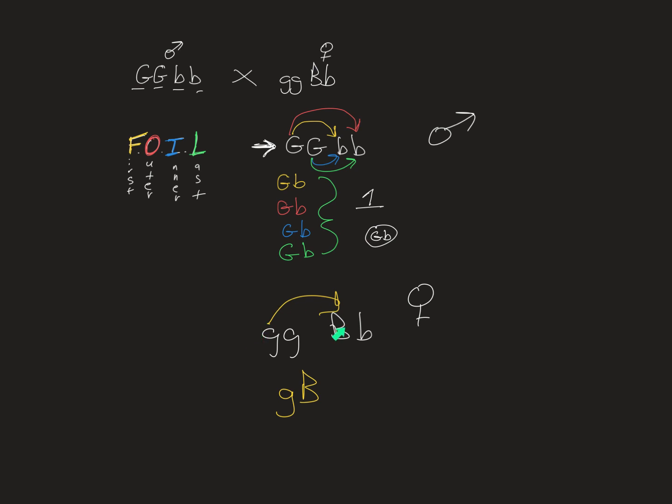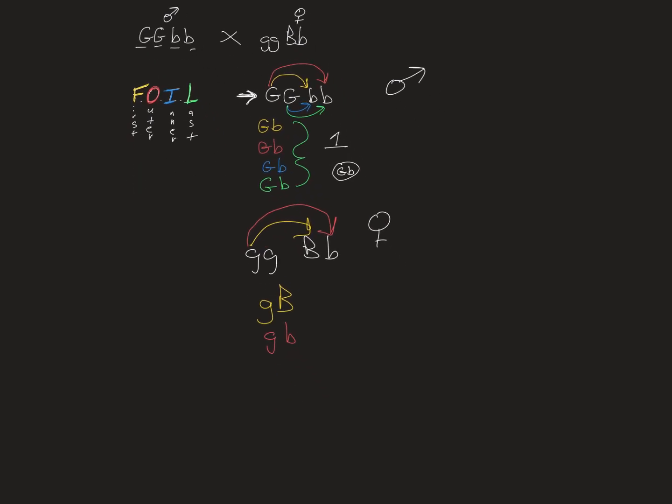Little g and big B come together. Or you could get the outer, which is little g, little b. And then you can do inner, little g, big B. And then last, which is little g, little b.